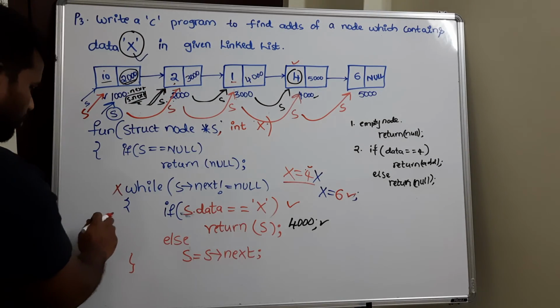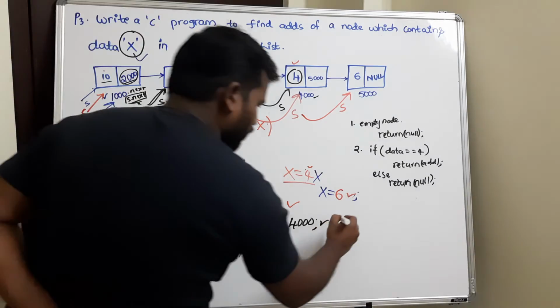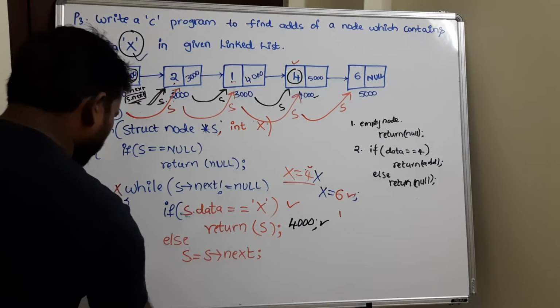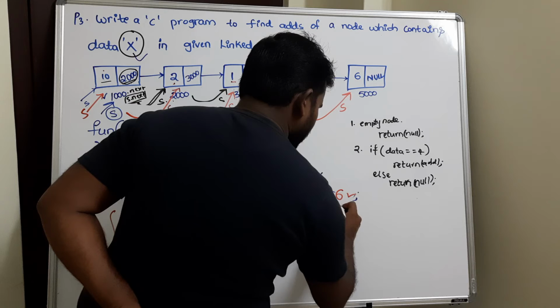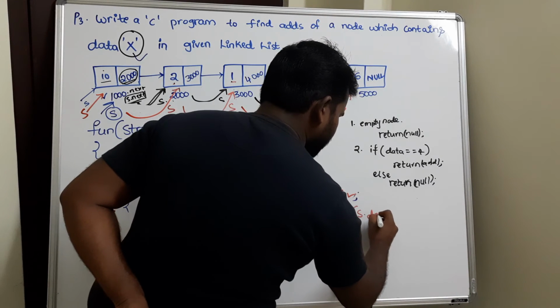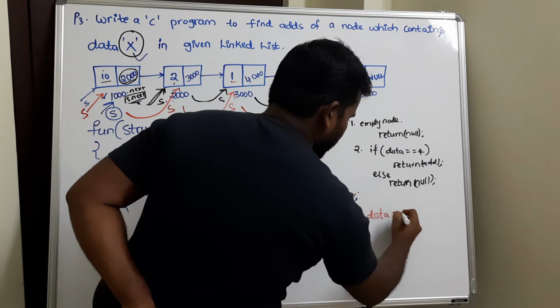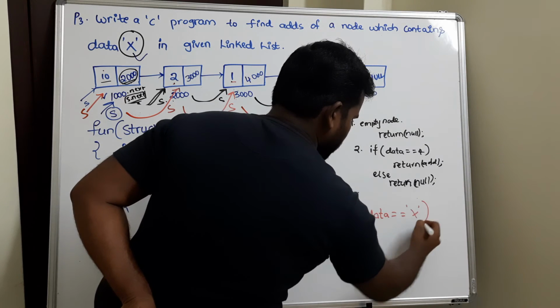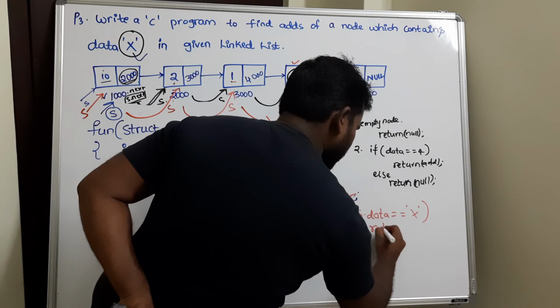So what we have, two more conditions, that is, if outside the for loop, s dot data equal to x, then return s.